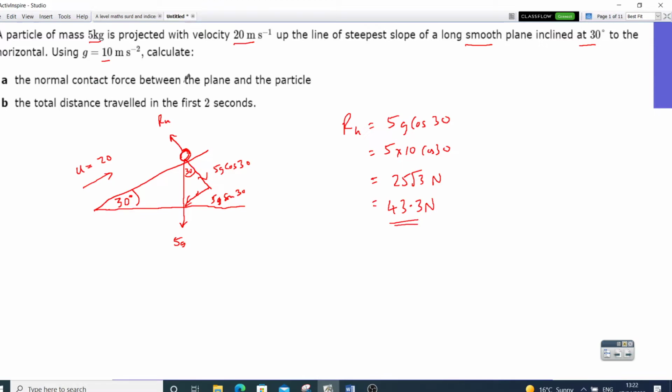Okay, that's the contact force between this plane and the particle, so that one's done.